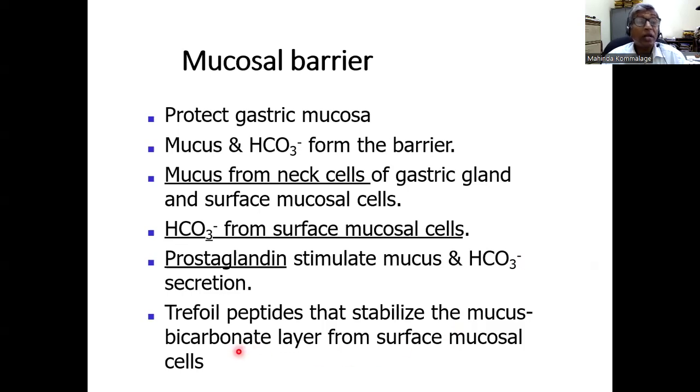That is why some drugs, especially painkillers, can cause gastritis. Then trefoil peptide is another substance that also helps to stabilize the mucus bicarbonate layer. So that is the third substance, other than bicarbonate and mucus, important for this protective barrier.